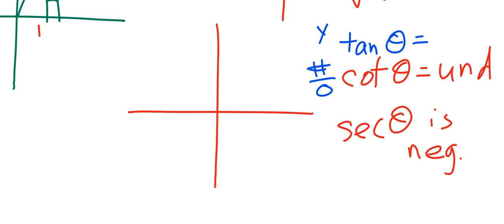Isn't the tangent the y divided by the x? So that would mean that the cotangent would be x divided by y. So we need a y value of 0.